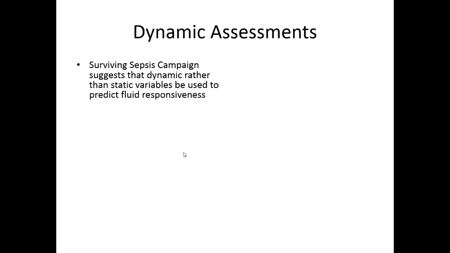So in response to this growing body of evidence, the Surviving Sepsis campaign has advocated that we assess fluid responsiveness on the basis of these dynamic tools, many of which you're familiar with. So CVP and wedge and a couple other variables that we sometimes use are static predictors of fluid responsiveness.